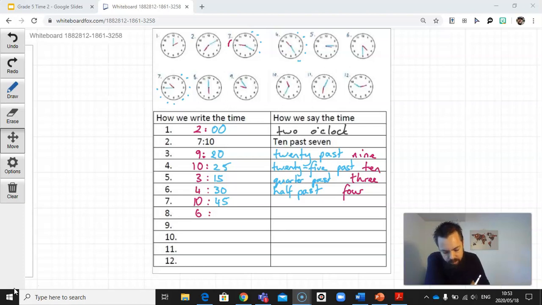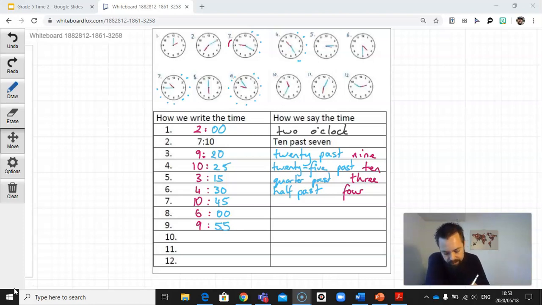And the minutes is pointing at the 12, which is a 0. Number 9, our hour is not quite at 10. So it's after 9, not at 10, and so it's 9 that we have there. It's almost at the 12, so it's 5, 10, 15, 20, 25, 30, 35, 40, 45, 50, 55, so 9:55.